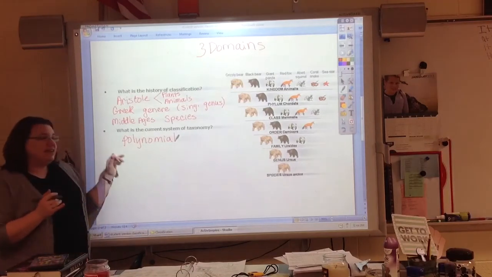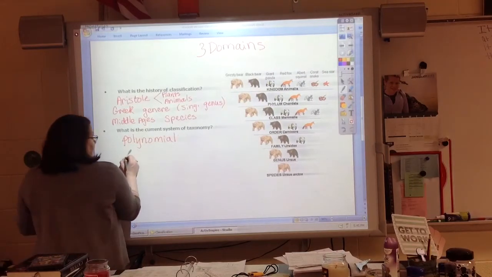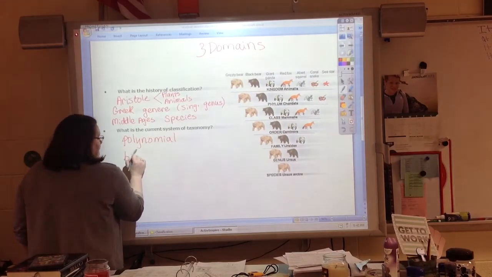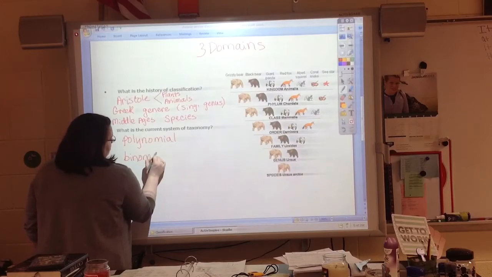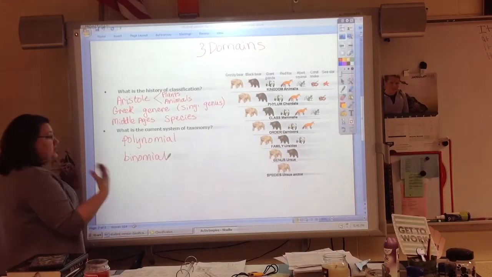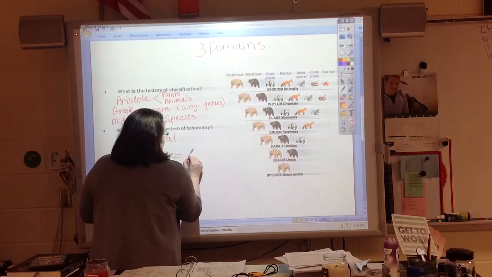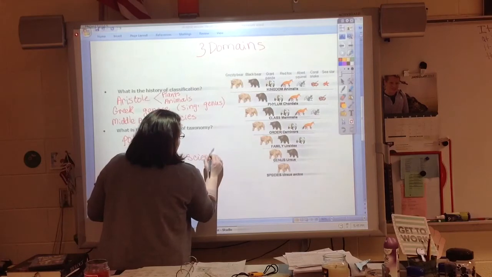And so Linnaeus found that very, very cumbersome. So he developed a shorthand, which was a binomial, which of course is 2, which leads us to our current system of scientific naming.